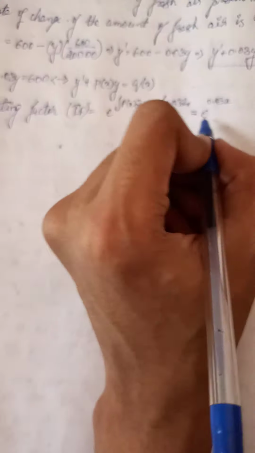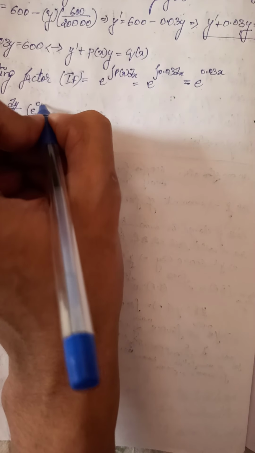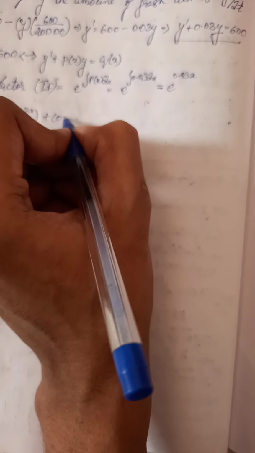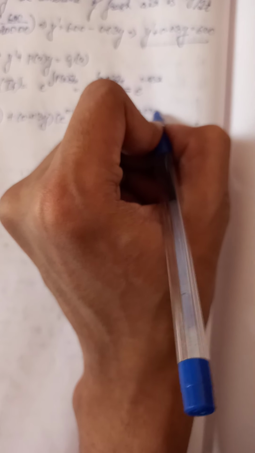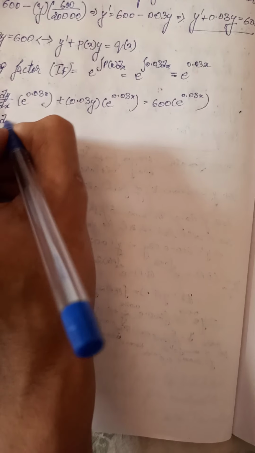Now the next step is multiplying the integrating factor on both sides of this equation. So dy by dx into e power 0.03x, multiplying the whole equation.